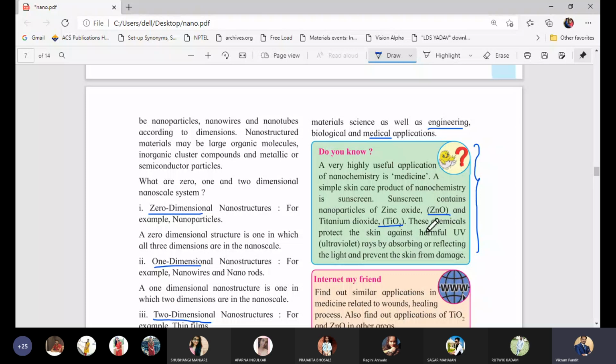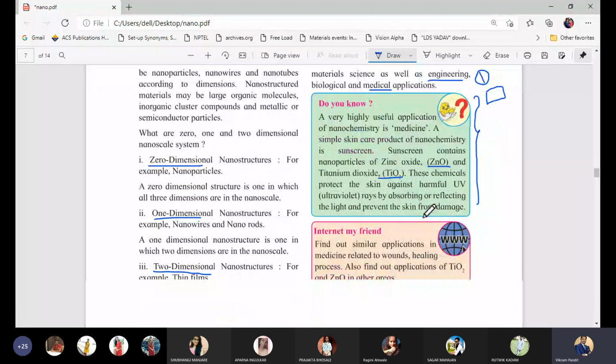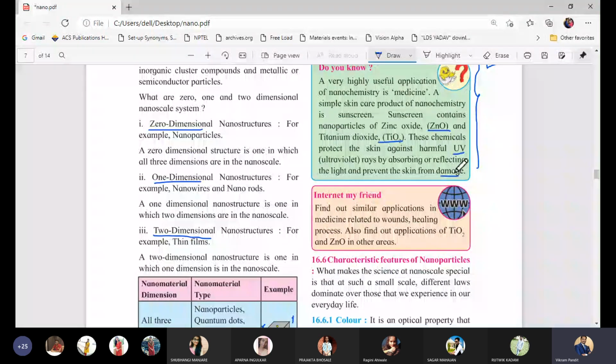Okay, and sometimes when there are bigger buildings with windows, these windows can be made UV reflectant by using this zinc oxide and TiO2. This TiO2 particle, zinc oxide particle can absorb this type of reflections or UV rays inside, and there will be very less damage to the glass as well as the skin. So these are very important. You may find on the internet a tremendous amount of applications about titanium dioxide and zinc oxide.